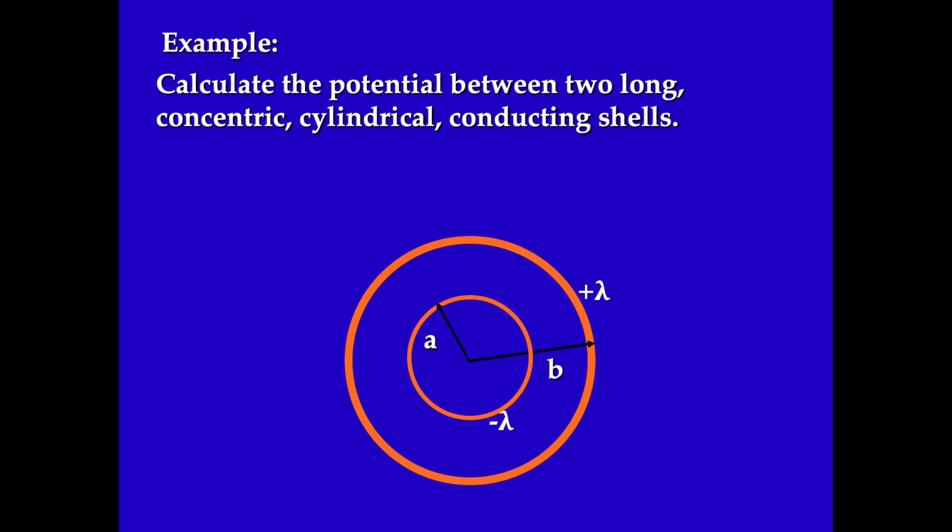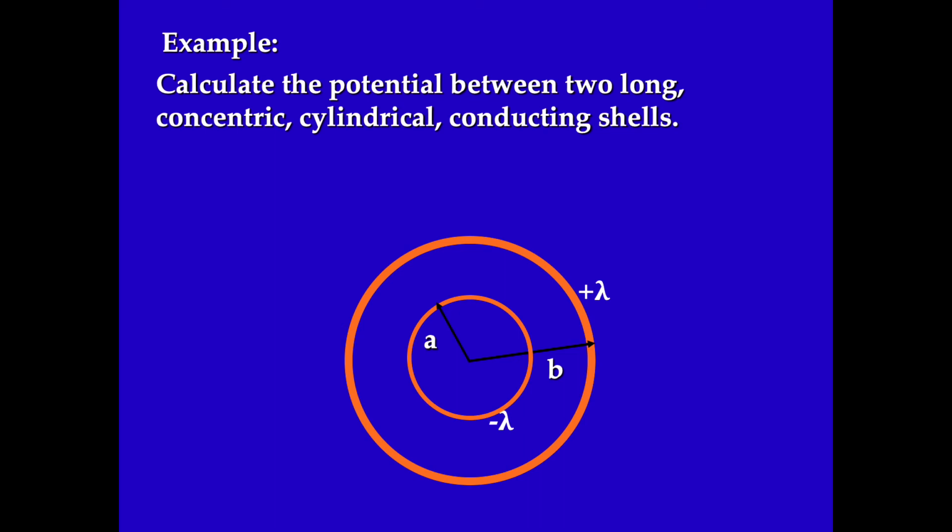Typically, to set this up, you get a battery and connect the terminals of the battery to both conductors. So if the other one is at 3 volts, then everything outside of the cylinders, the whole region of space, is at 3 volts. Okay. If you connect the ground to the outside one, then everything outside is 0 volts.